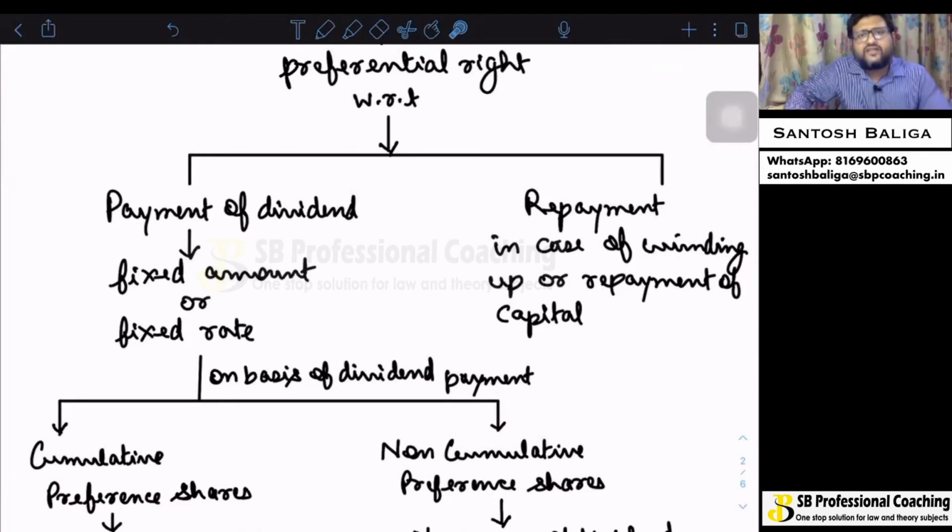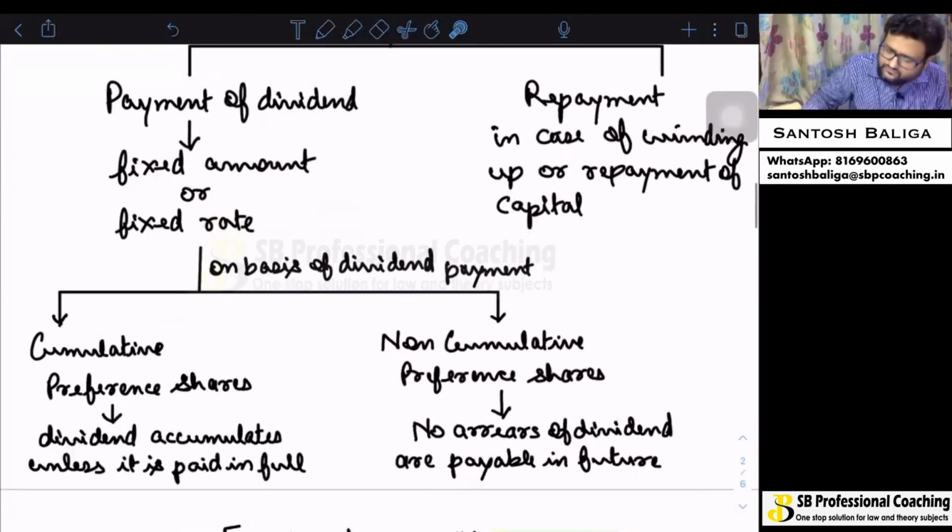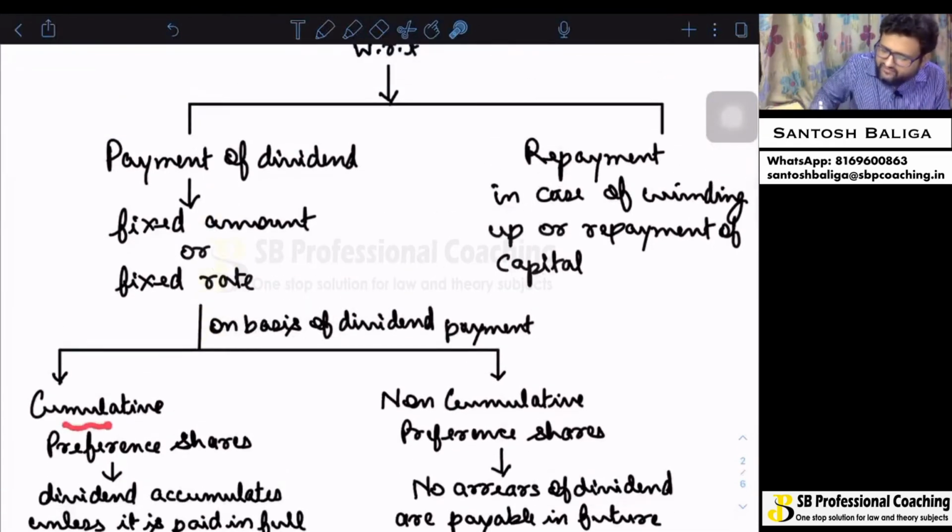And if the company is not able to give it for this particular year, then the amount will get accumulated and will have to be given out of the funds of the next year. So it will keep accumulating year on year till the company actually pays it off. So cumulative preference shares are those where dividend accumulates unless it is paid in full.